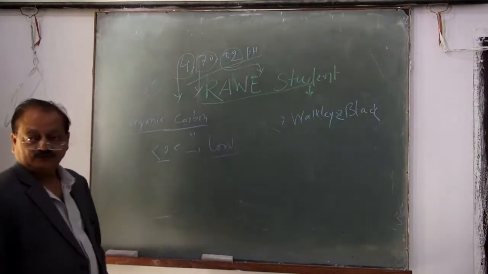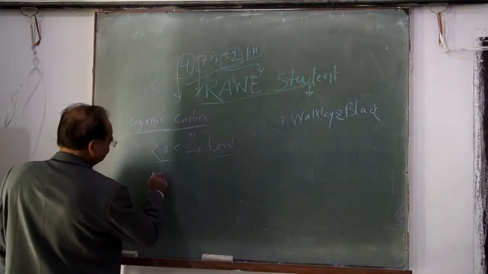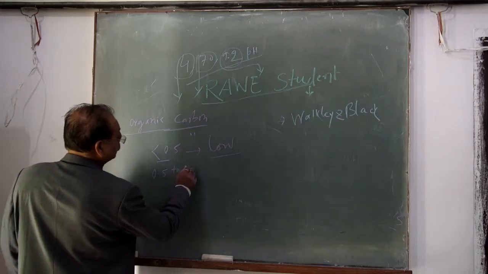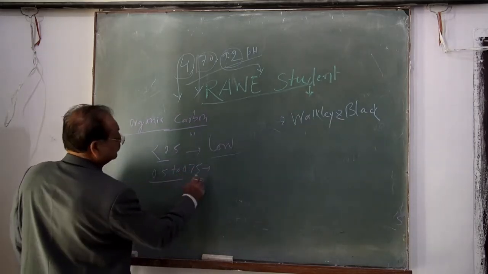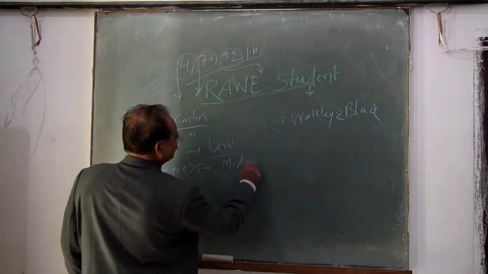And if the value of organic carbon is 0.5 to 0.75, then the soil comes under the medium class.